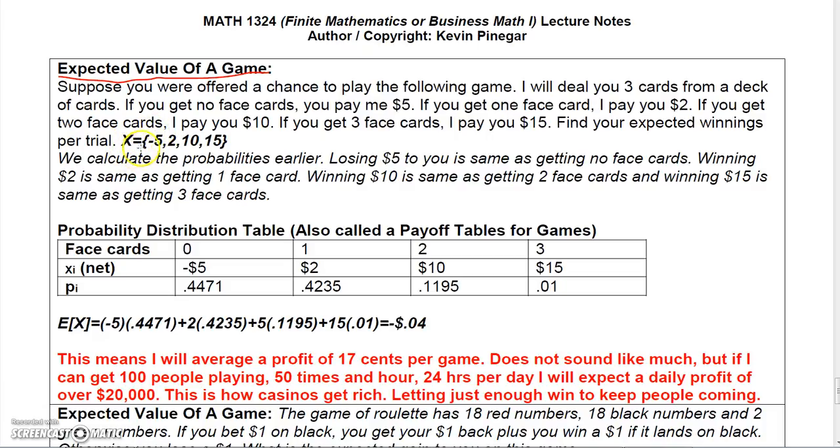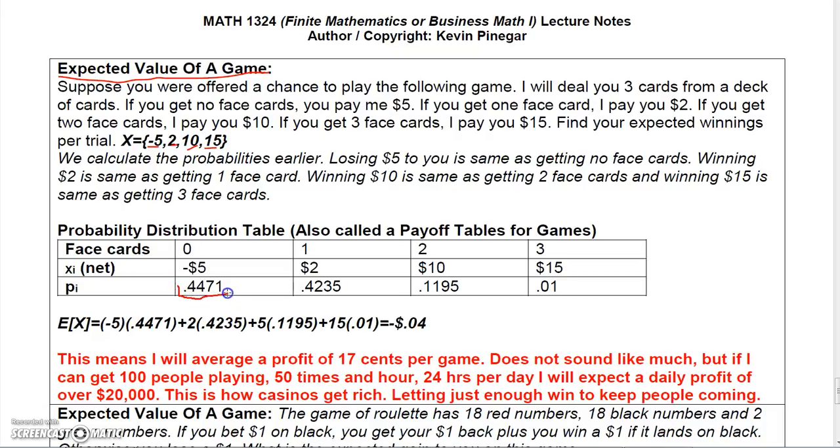Now, your expected winnings are: you can either lose $5, win $2, win $10, or win $15. You don't pay to play. Now, the probability of losing $5 is the same as the probability of getting 0 face cards, which we already calculated in an earlier example.